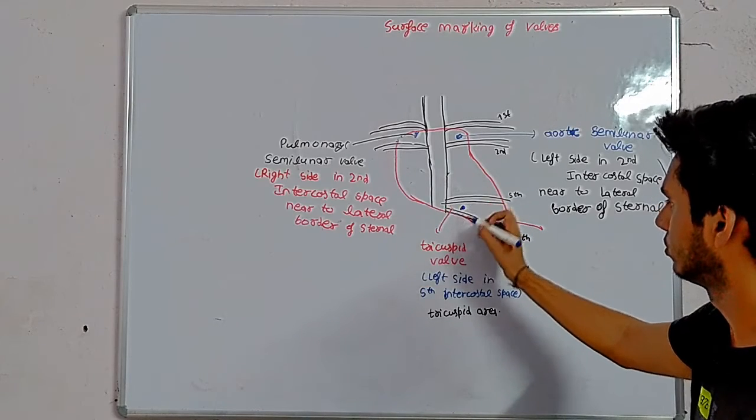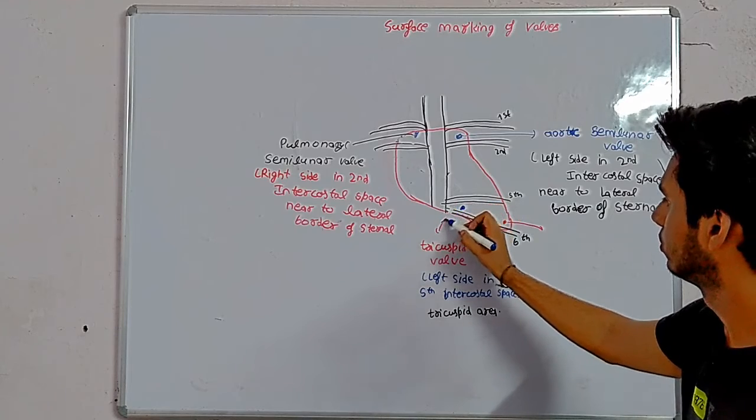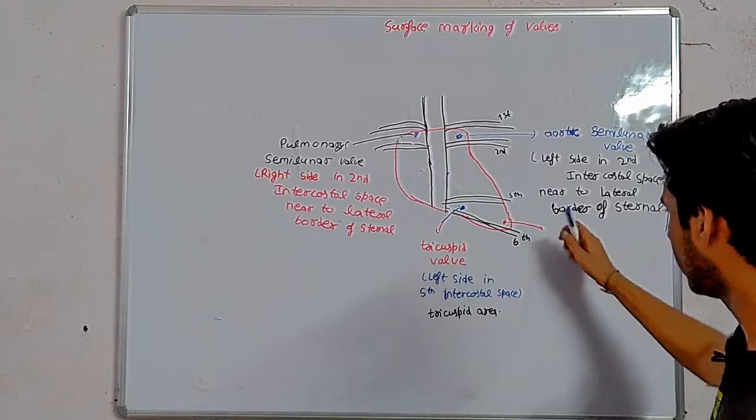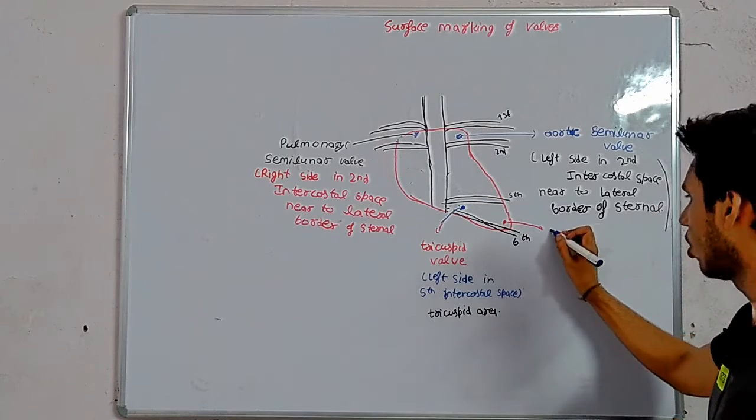Okay, and another is at the apex. This is called the mitral area.